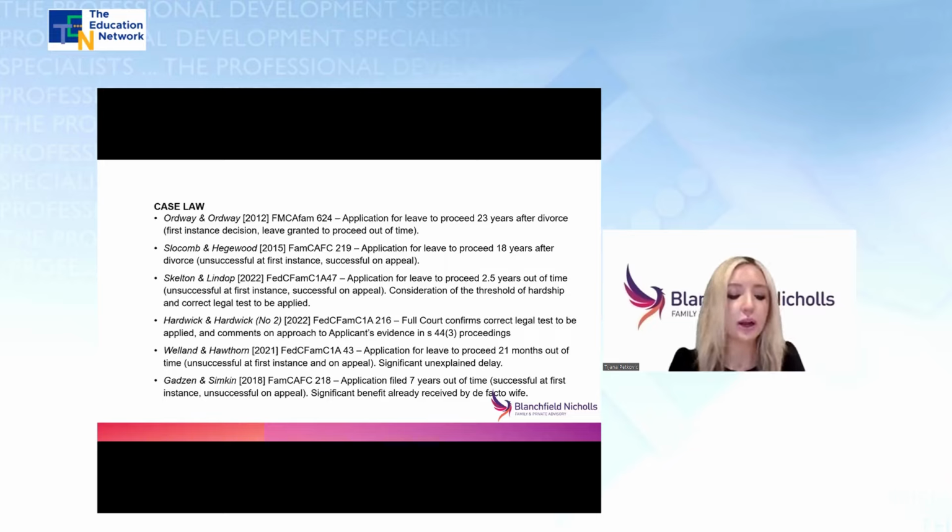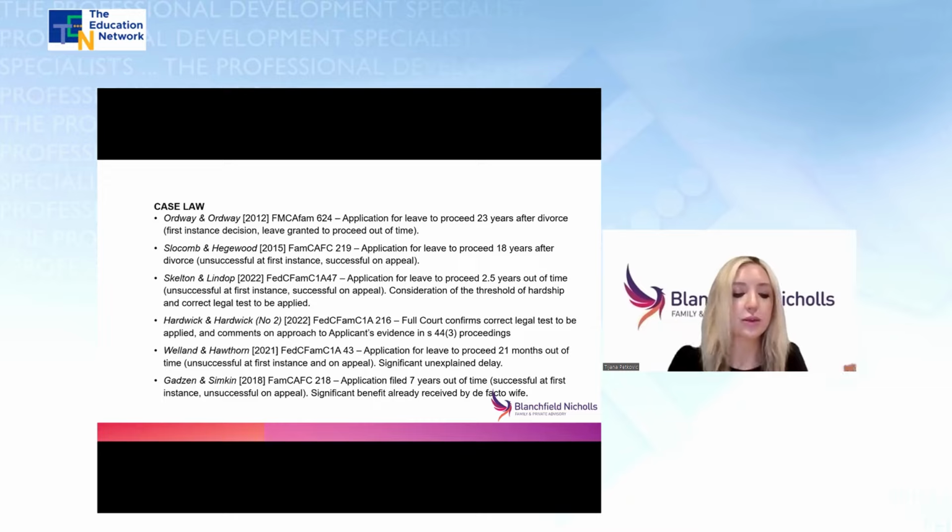A striking feature of the case is that the de facto wife has received very significant benefits post-separation, including the product of the de facto husband's significant contribution to her superannuation during the relationship. So the de facto wife had received some $467,000 in post-separation benefits, including the superannuation contribution of $100,000.